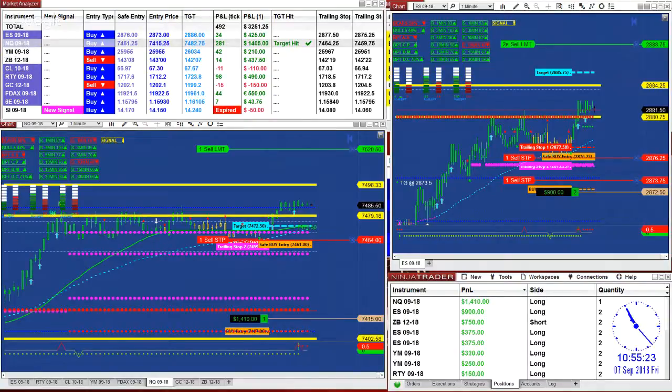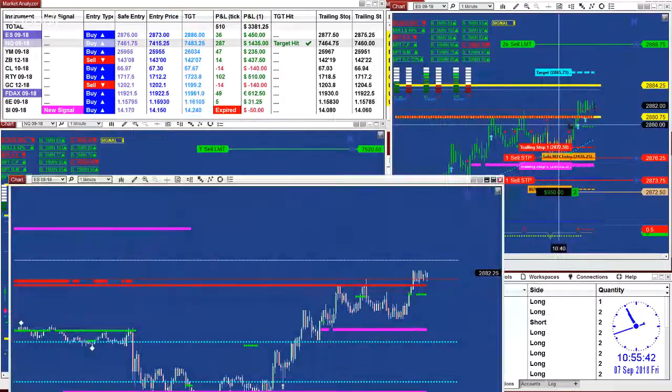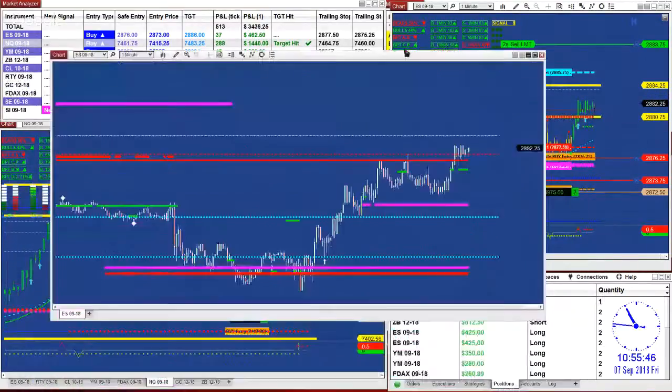So keeping those two charts is very good. I have seen a lot of our traders doing this. If I'm trading the ES or the Nasdaq, your auto trade is taking those trades.